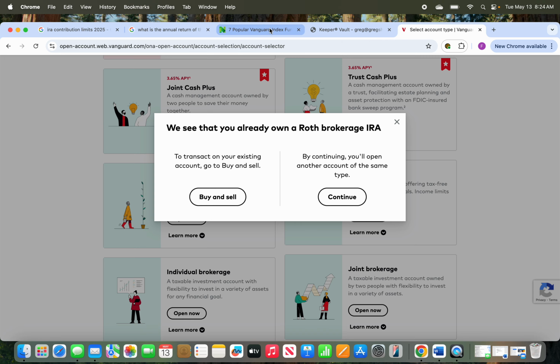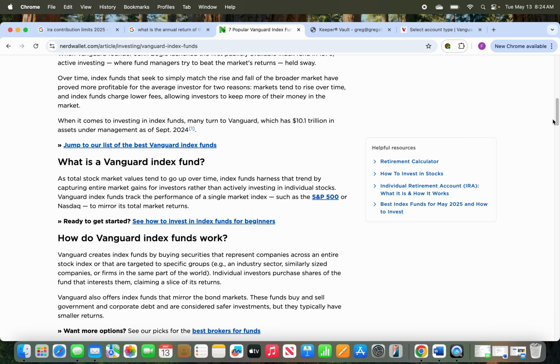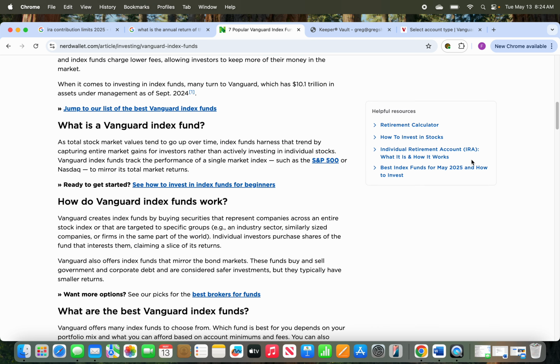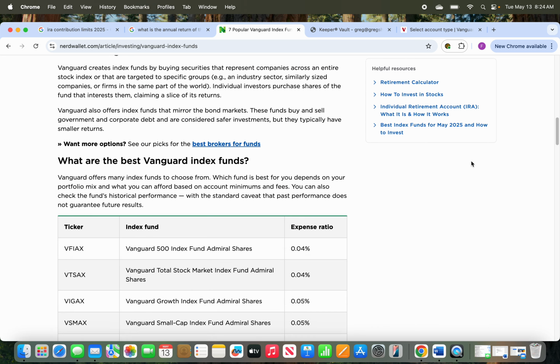Now, understanding what to invest in, I've highlighted this article, and I'm going to put this in the notes for you. So I'd invite you to take a look at this. This is a great article that's very recent on NerdWallet about the 7 most popular Vanguard index funds. They're all terrific.